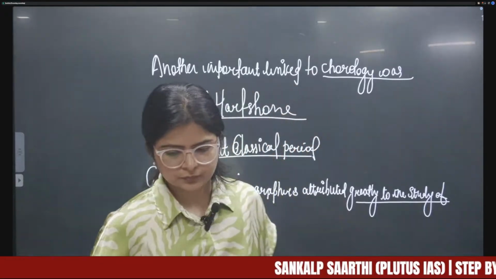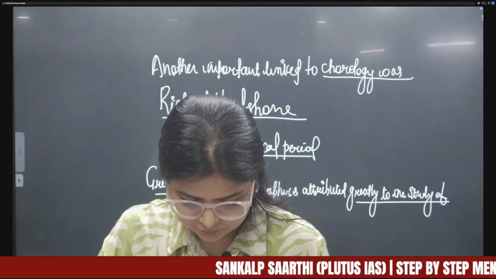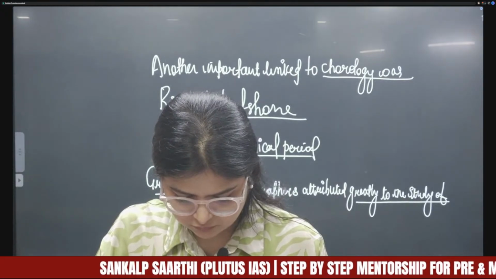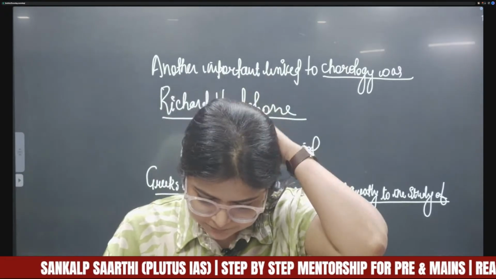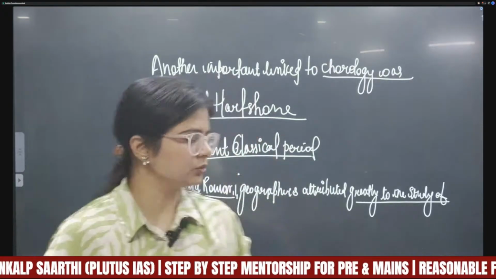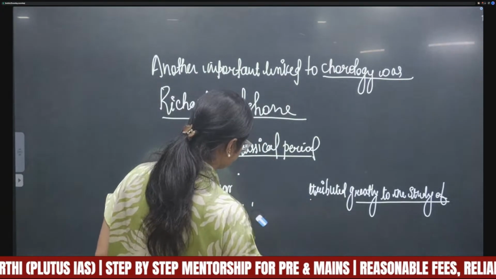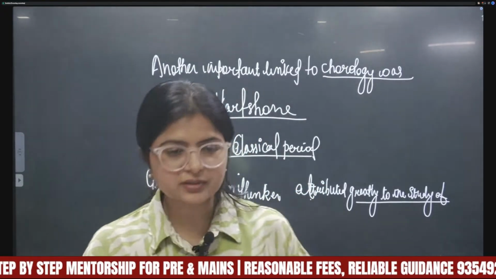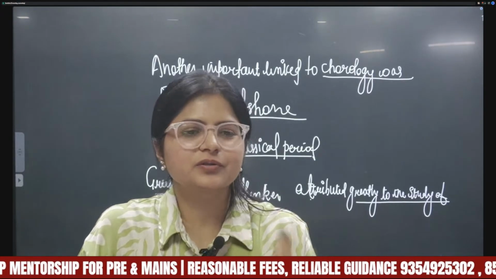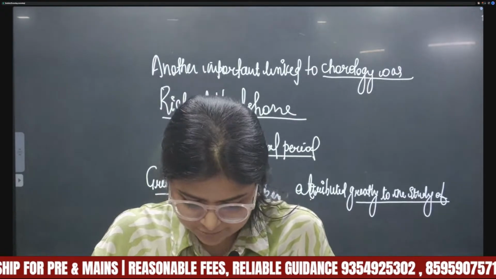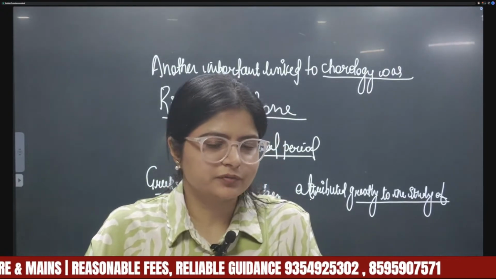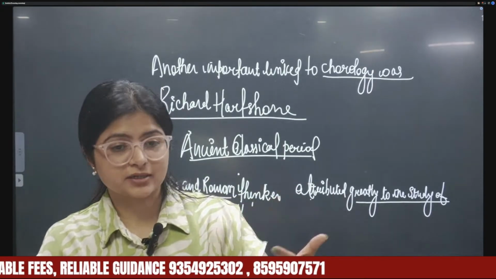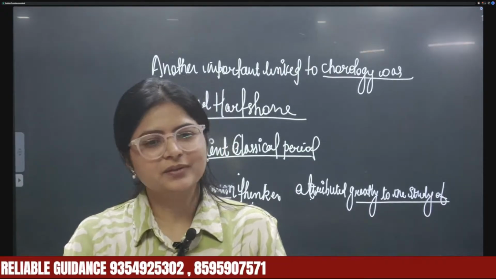You can write philosophers or geographers, but thinkers is the better word here, because at that time they were not known as geographers. It was a very early stage, geography was not even developed, so it is better to call them thinkers. Now if you want to refer to Davis or Mackinder, you can call them geographers, because now it has been developed as a full subject, an independent discipline, but at that point of time they were thinkers.